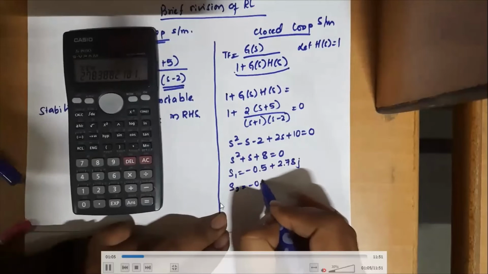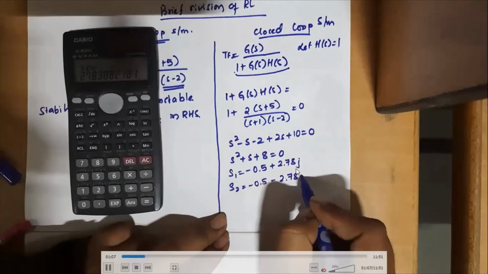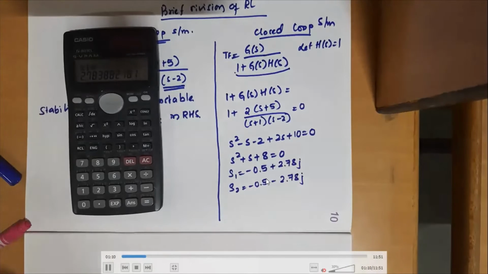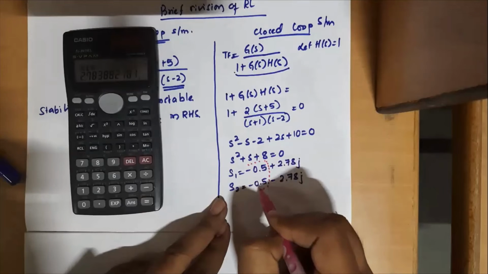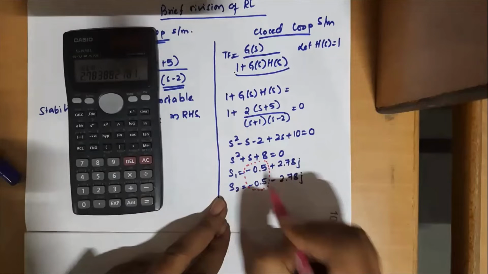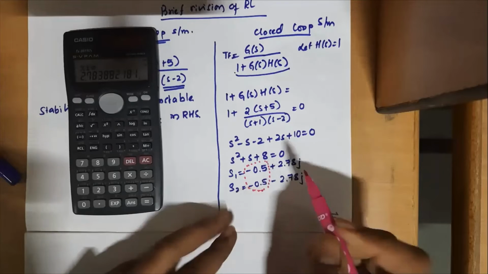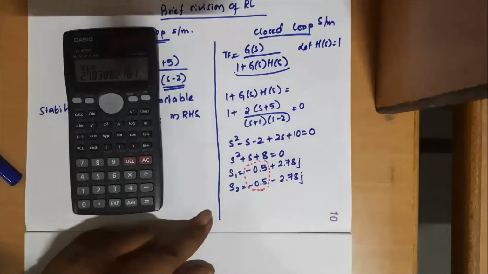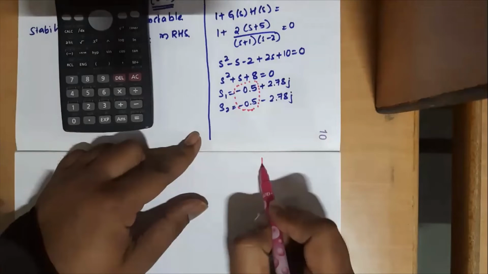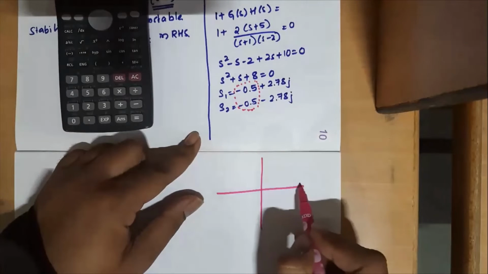One of the roots is minus 0.5 plus 2.78j, and the other one is its conjugate pair. So we have these two roots for the closed loop system. We should look only at the real part for stability, as I mentioned in one of the previous videos: if the real part lies in the left half, it is stable, and if in the right half, it is unstable. Let us see how it looks on the S plane.